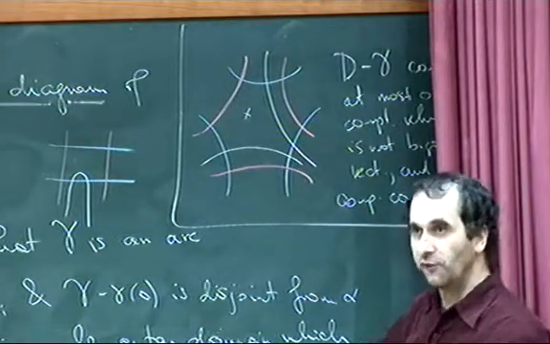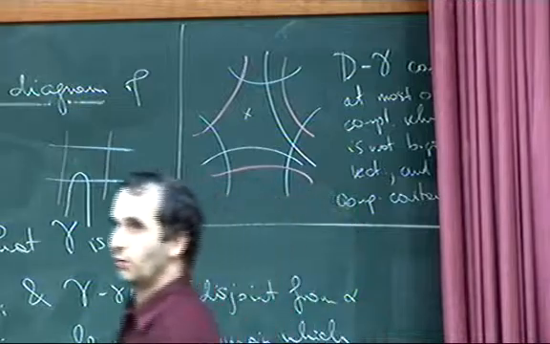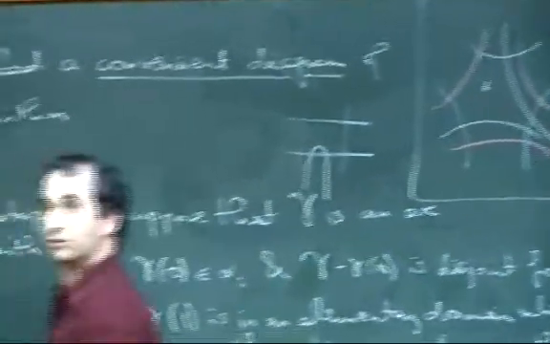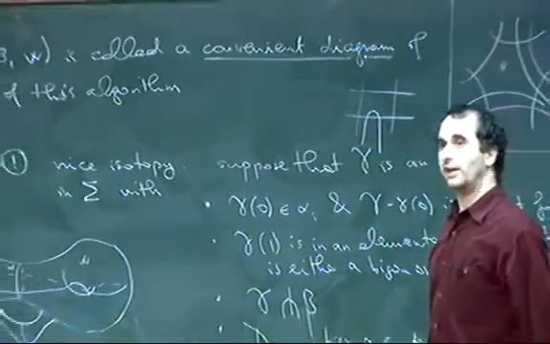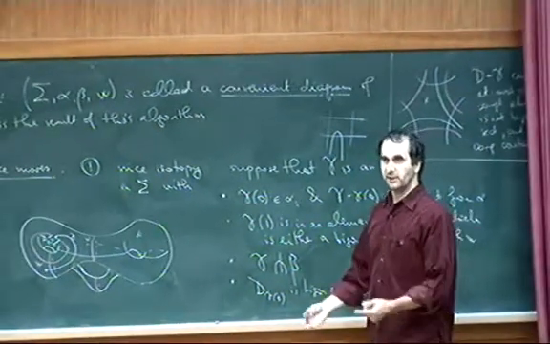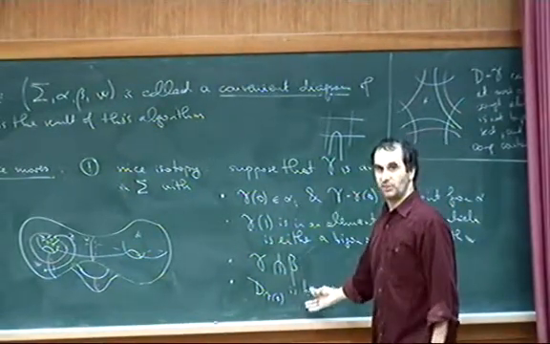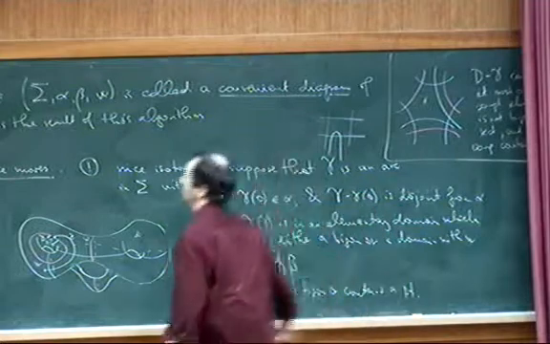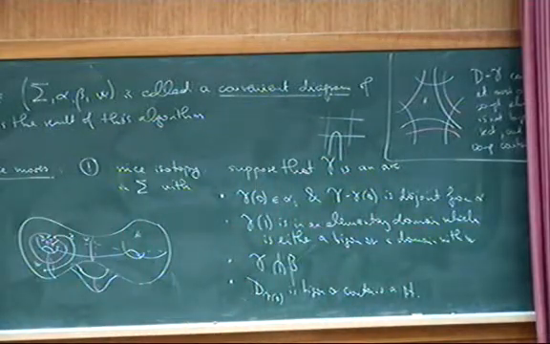Whenever we have such a curve, it induces an isotopy of the alpha on which it resides, and this is called a nice isotopy. So a nice isotopy is always induced by such a gamma. Let me just write it down.